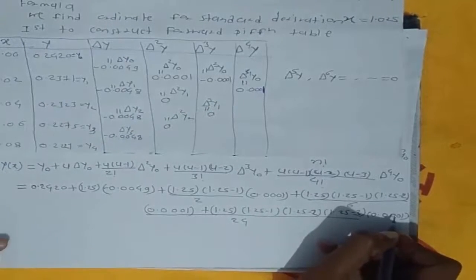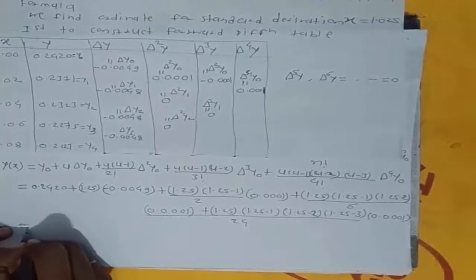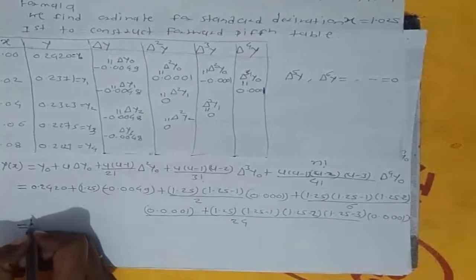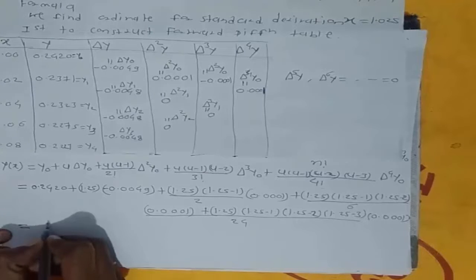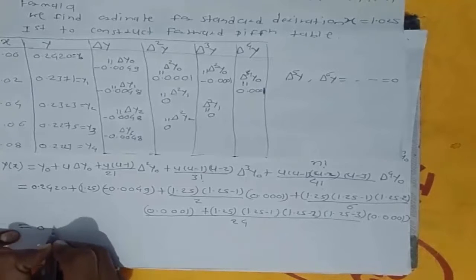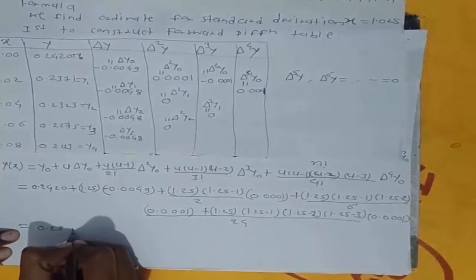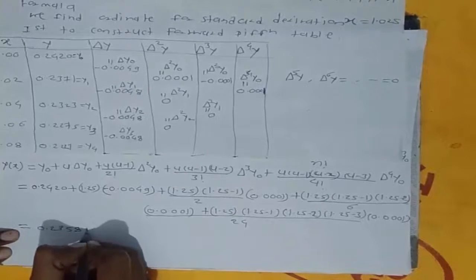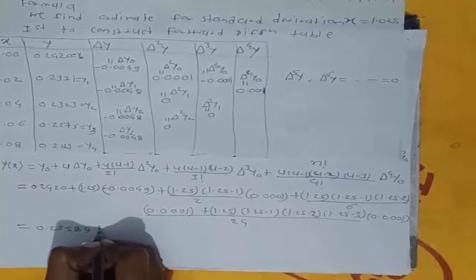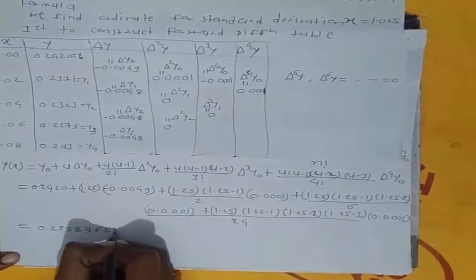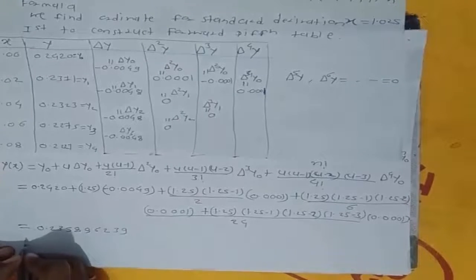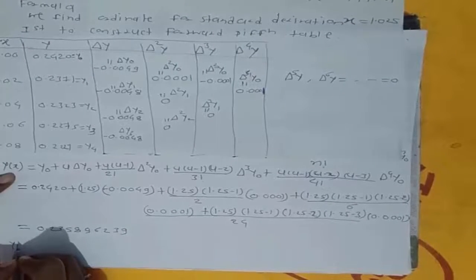Okay, so we write here all the values, and taking this calculation in the calculator we get the value of y of x, that is 0.2389629.